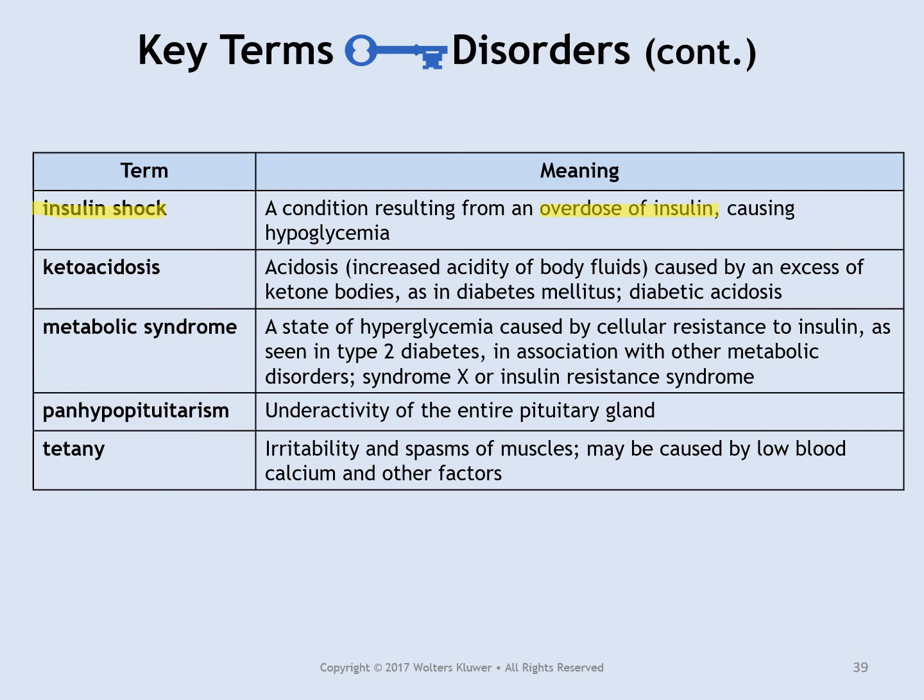And so in diabetes mellitus, you can end up with ketoacidosis, too many ketones in the blood. And the other ones we also went through.